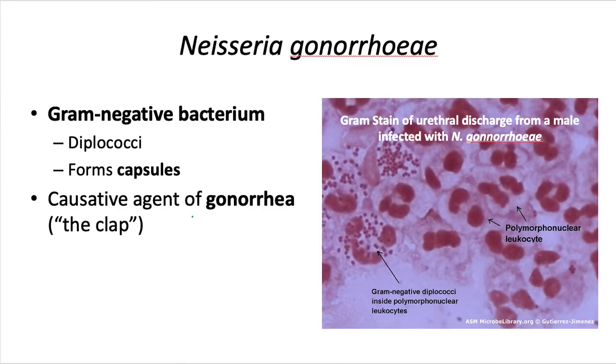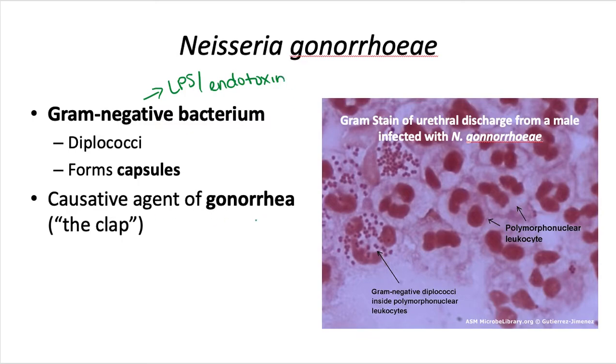So diplococci would be the cell morphology. And they are also capsule-forming, like Neisseria meningitidis. And again, because it's gram-negative, it does have lipopolysaccharide or endotoxin.